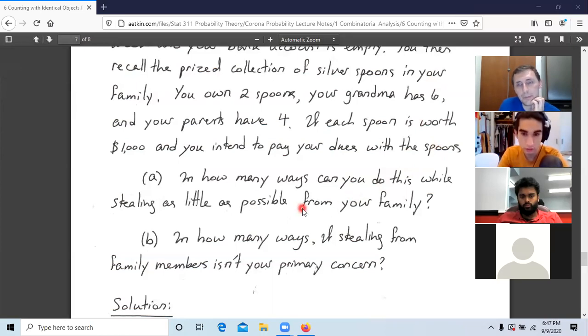As little as possible, to be precise here, means that you will give away all your spoons. Okay, otherwise the question might be confusing.